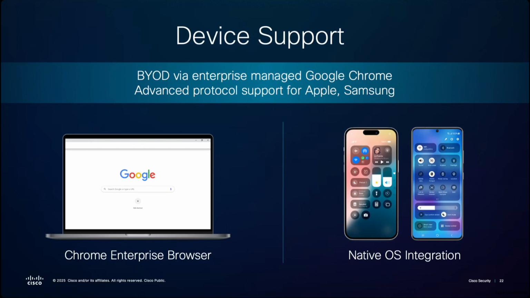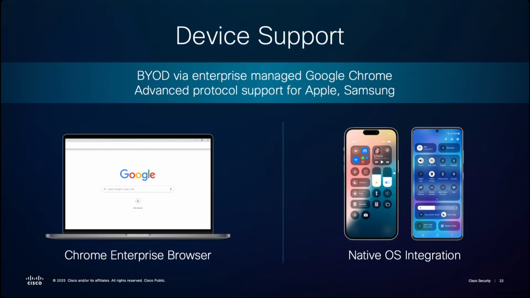So no need to start or wait for a VPN, because this is already built into the OS. This level of functionality also preserves battery life because it eliminates the need for device-wide or continuously running VPNs. And you don't really have to do client updates. As the OS updates, the device is always going to be updated.